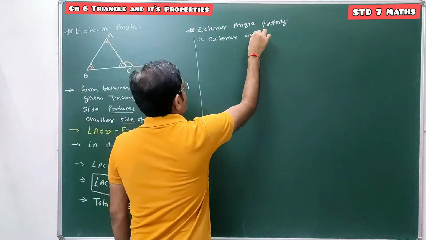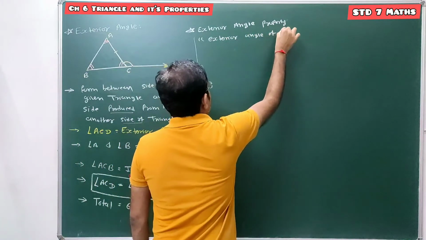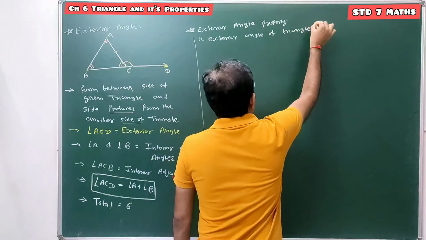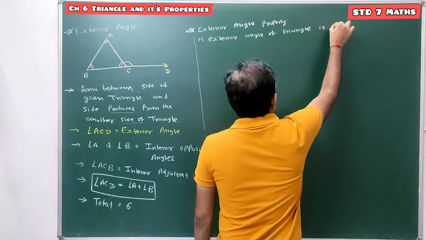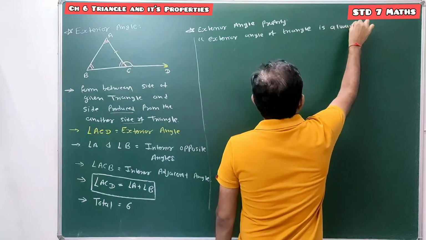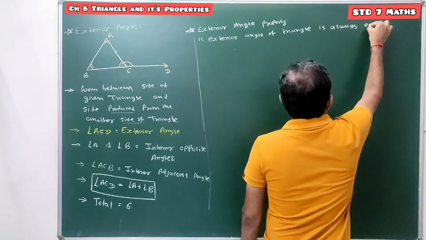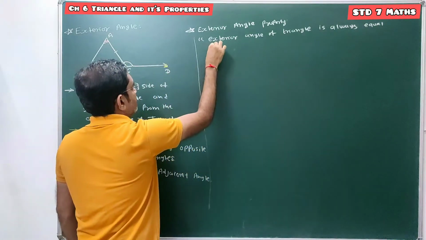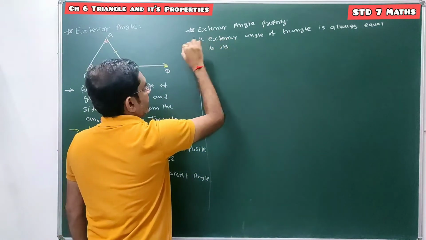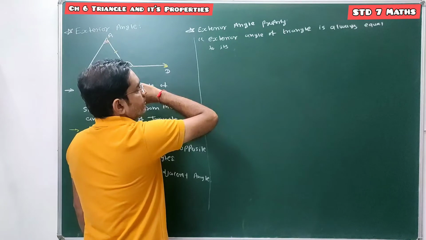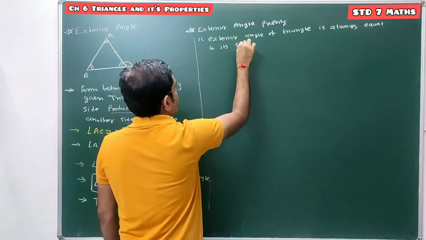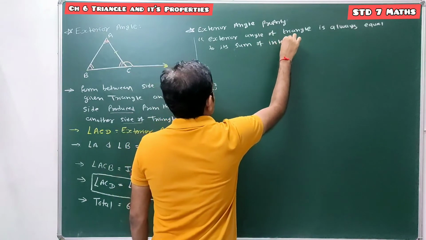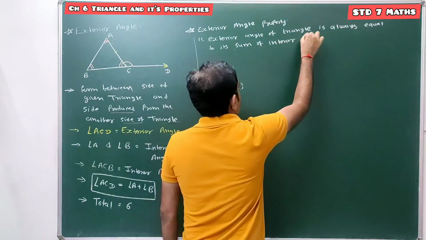Exterior angle of a triangle is always equal to its sum of interior opposite angles.